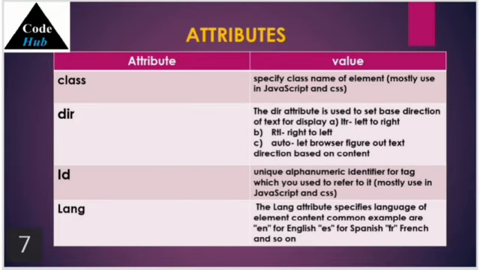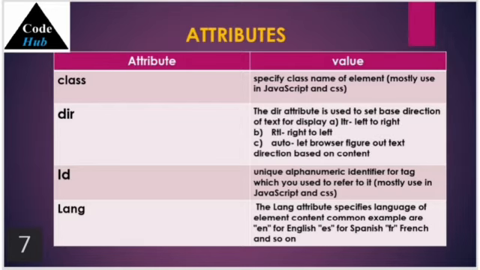Now let's glance over the attributes of the HTML tag. First, class, which specifies the class name of the element and is mostly used in JavaScript and CSS. Second is dir. The dir attribute is used to set the base direction of text for display, which has three types: LTR, left to right, RTL, right to left, and auto, which lets the browser figure out the direction. Third is ID.